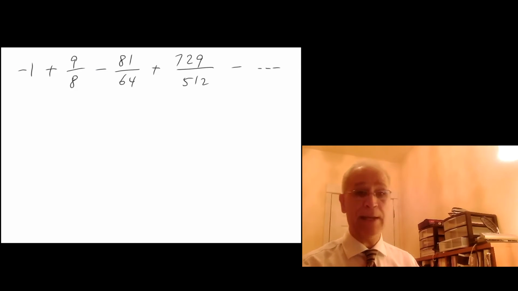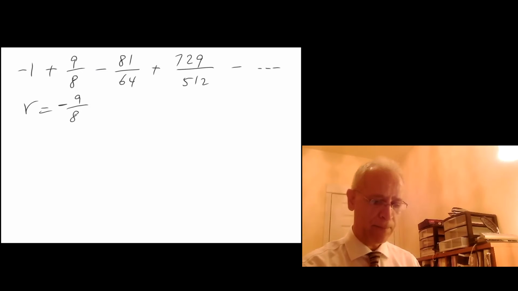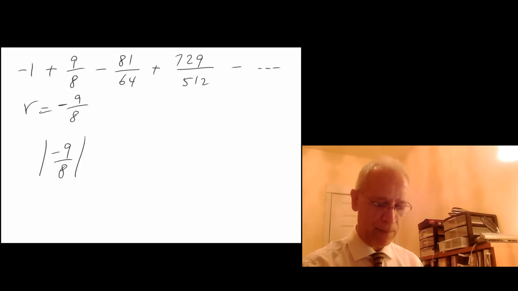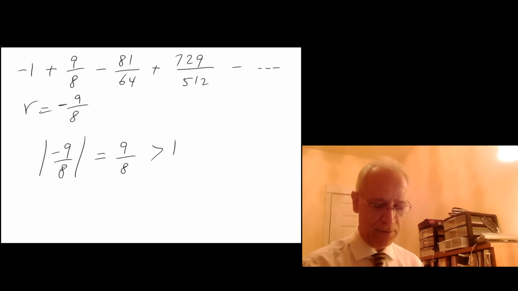Dividing any term by the previous one, I'll find that r equals negative 9 over 8. The absolute value of negative 9 over 8 is 9 over 8, which is greater than 1. So this series diverges. Divergent.